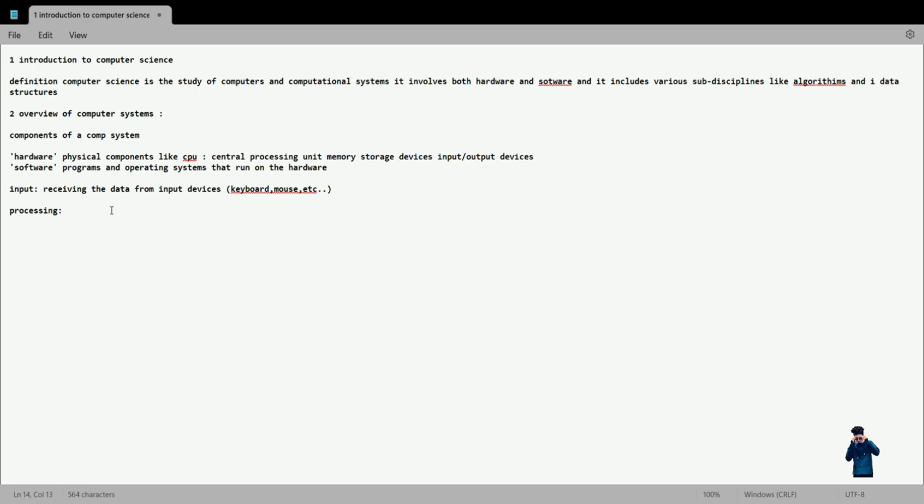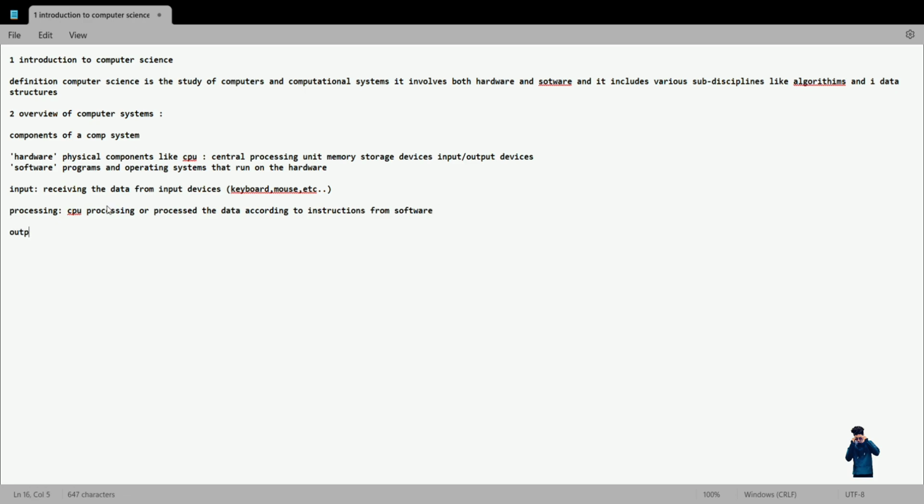Processing means the CPU processes the data according to instructions from software. So this is the information about processing.